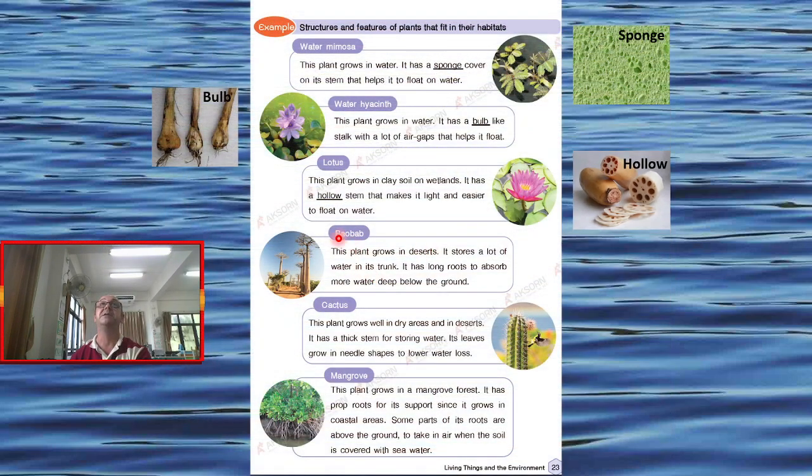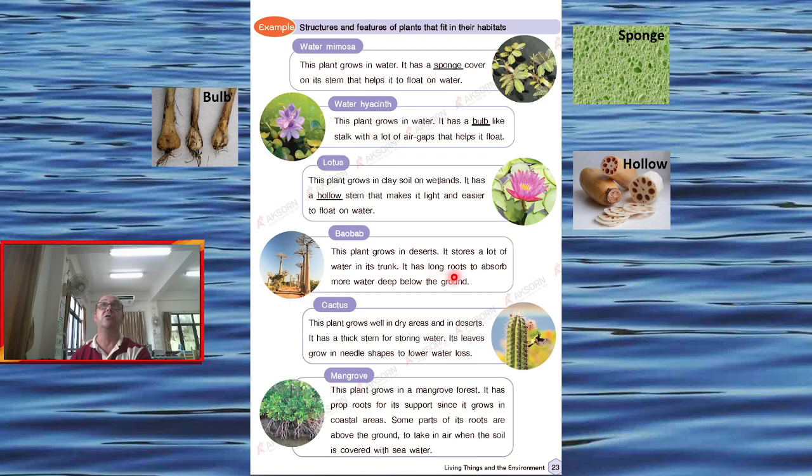So the next word, this is a strange word. It's baobab. Baobab. This plant grows in deserts. It stores a lot of water in its trunk.